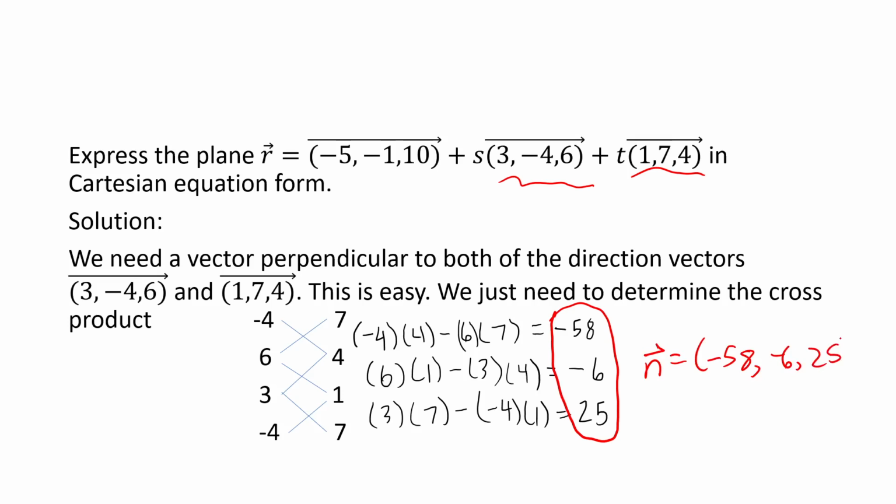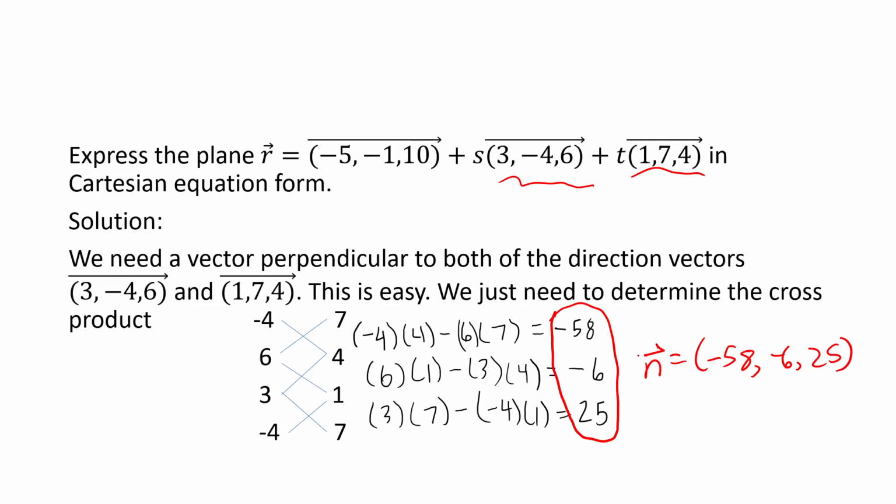6, 25. But we're not going to express it that way, because just like there's a convention to state direction vectors with the first non-zero component being positive, similarly there is such a thing with normal vectors as well.